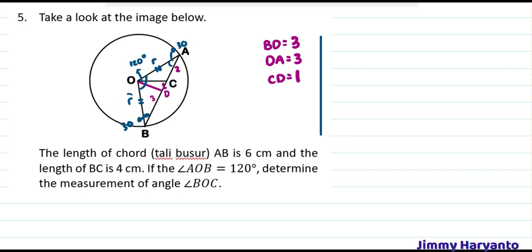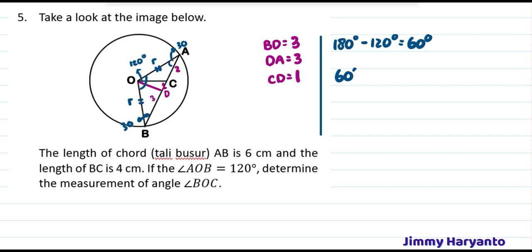So this one is a radius, this one is a radius. That means equal length. Equal length will give you equal angles also. And how do you get 30? You subtract 120 from 180, the sum of the triangle, which equals 60. And you divide the 60 by 2 because 60 is the sum of angle A and angle B altogether. So one of them is 30. This is how you get 30.